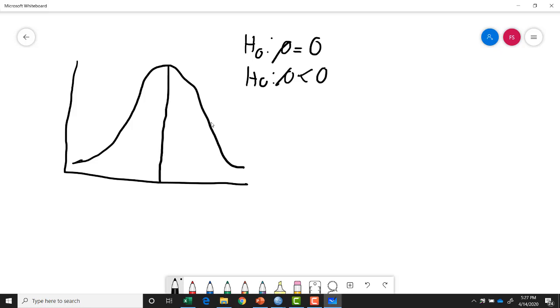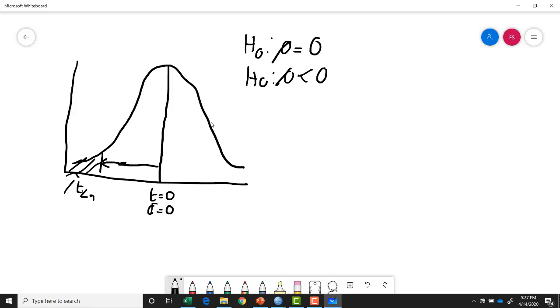And again, this is my T equals 0, and it's also my R equals 0. So as my correlation gets lower, again, let's just have my alpha here. And so as my correlation gets lower and lower, until negatively lower and lower, until I hit this, and then I reject.